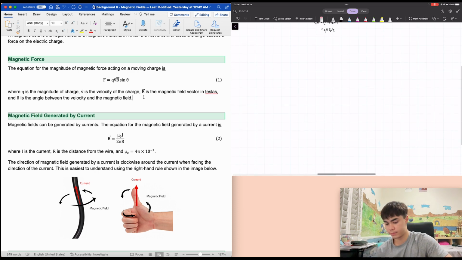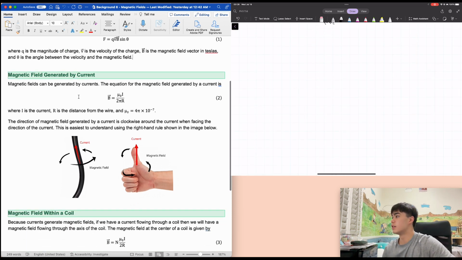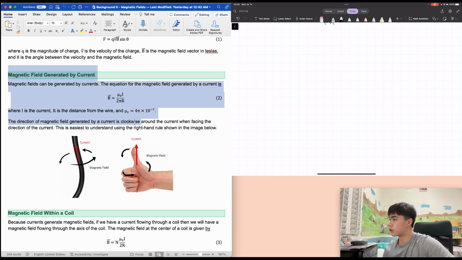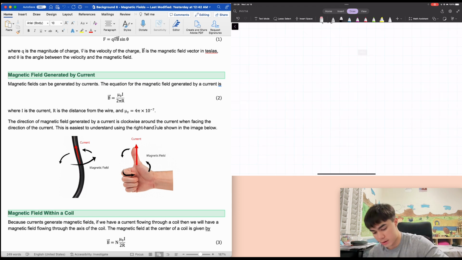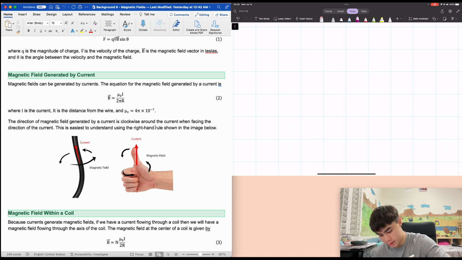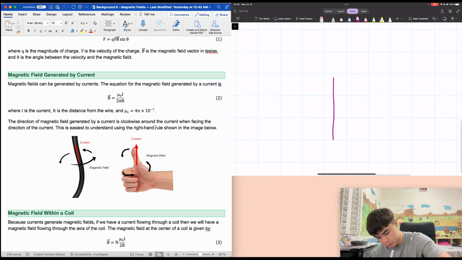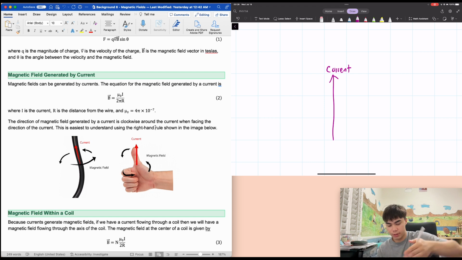Okay, now for the next part, the magnetic field generated by a current. So a moving charge generates a magnetic field, and a current is just tons of moving charges. If we have a current moving forward, the direction of the magnetic field wraps around the current.